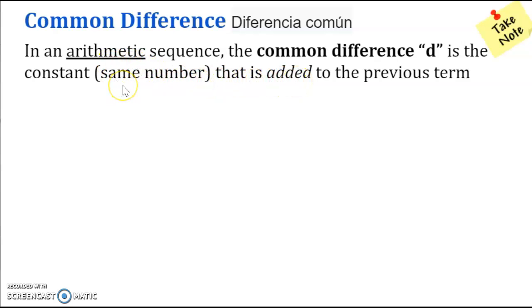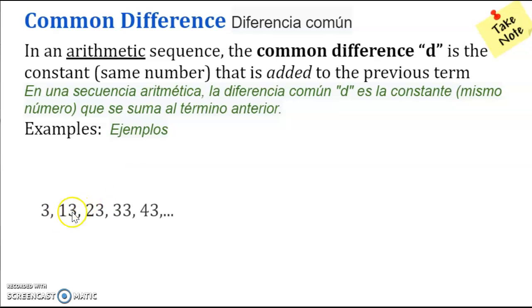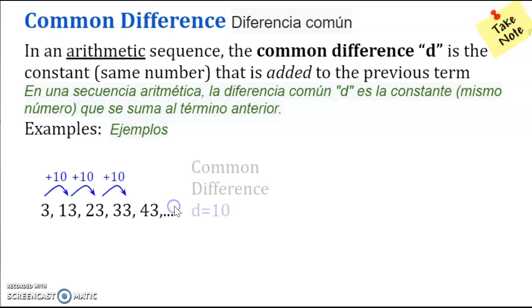So just in the arithmetic sequence, you have what we call common difference. For example, if you have 3, 13, 23, 33, 43, what are you adding to the previous number to get to the next number? You're just adding 10, right? So you're adding 10 to each of the terms, so the common difference is 10.